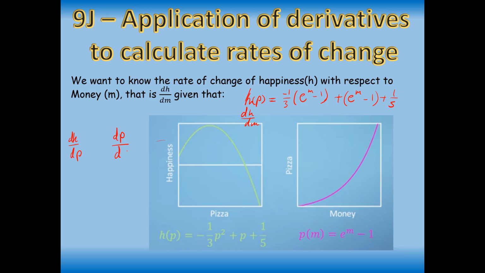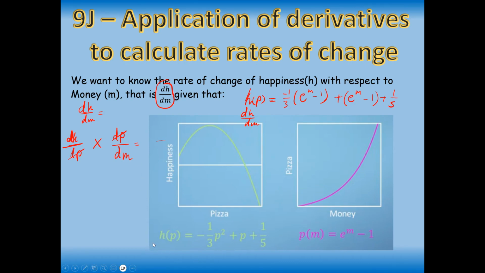So once we found this, what we are looking for is dh by dm. So we can multiply these two products with each other, and dp and dp here will cancel away, and abstractly we'll be left with dh over dm, which is what we want. So let's see what happens.